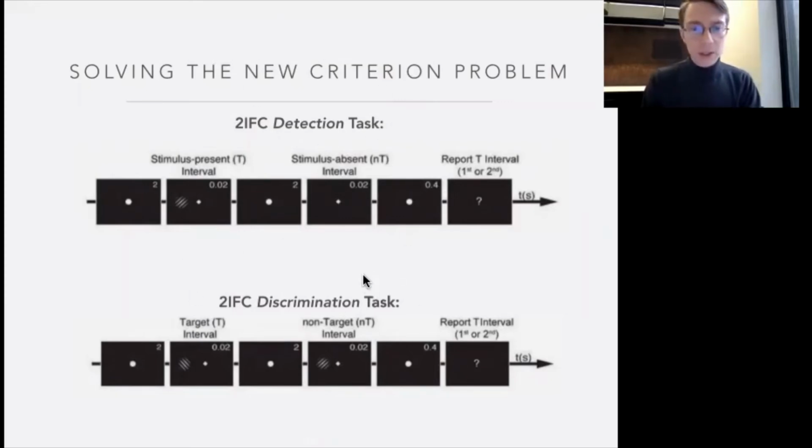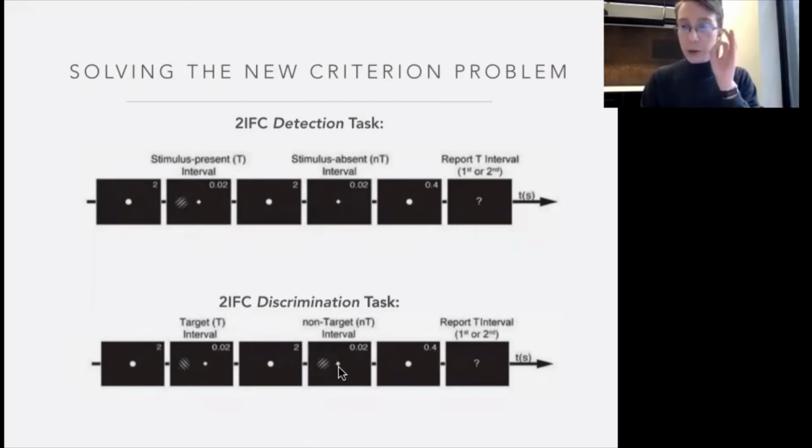So in a 2IFC detection task, I present you a stimulus, a target, which could be a left or right tilted grating. And in the other interval, there's nothing. And I ask you in which interval the target was present, the first interval or the second interval. In a discrimination task, I'm going to present you a target, which in this case is a left tilted grating, as here.